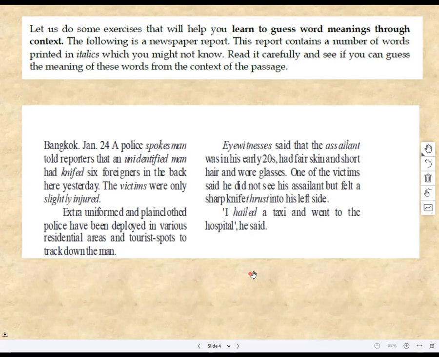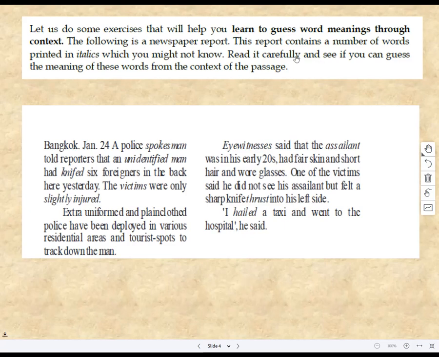Eyewitnesses said that the assailant was in his early 20s, had fair skin and short hair, and wore glasses. One of the victims said he did not see his assailant but felt a sharp knife thrust into his left side. I hailed a taxi and went to the hospital, he said.